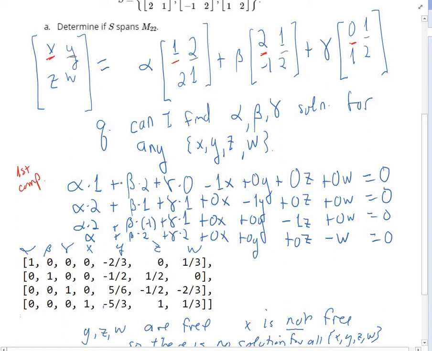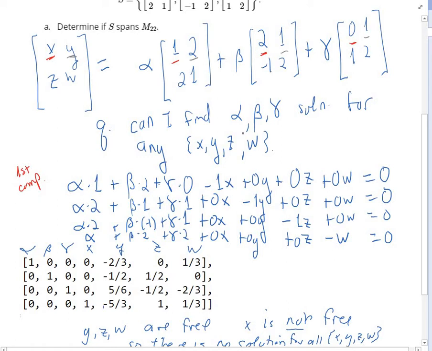So if I put this whole huge matrix of coefficients into SAGE and row reduce, I end up getting this. It looks like an enormous matrix. But my question up here was, can I find an alpha, beta, gamma solution for any x, y, z, and w?